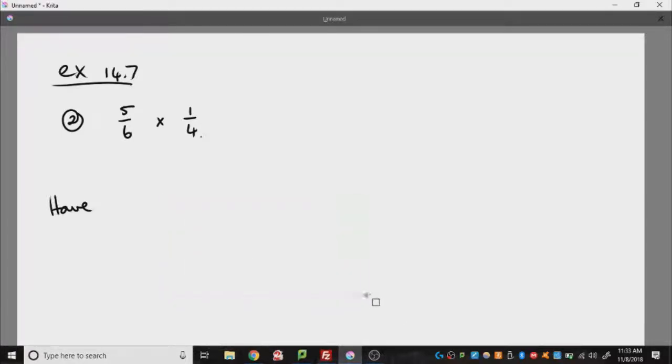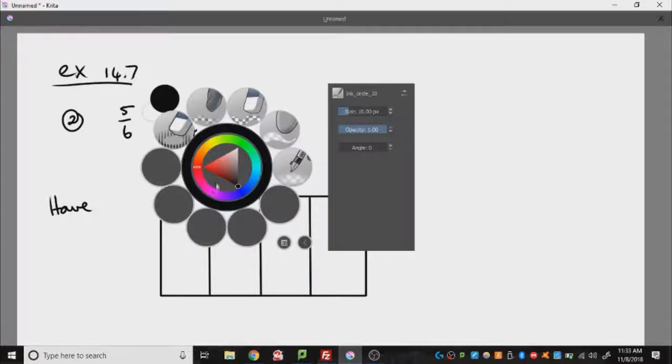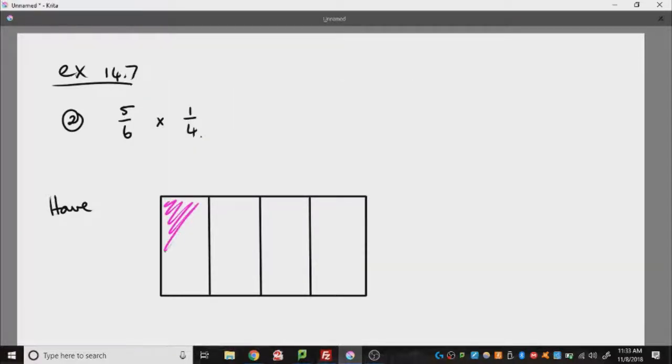In this case, we don't have a lot. We're going to cut our loaf of bread into 4 equal pieces, of which we have only 1. It's whatever that second quantity is.